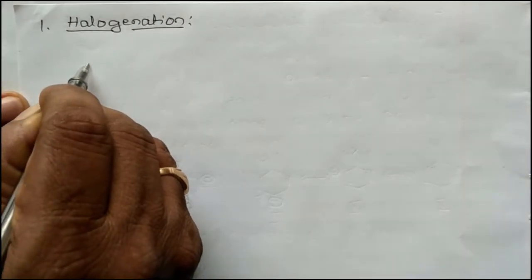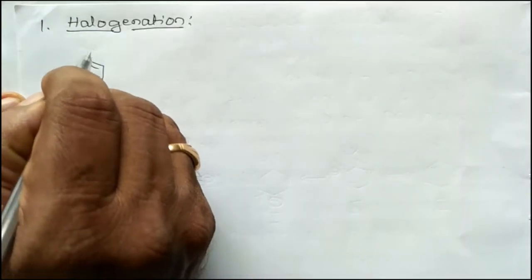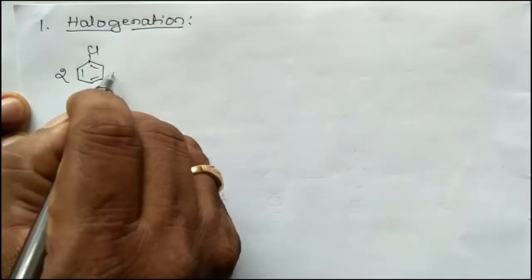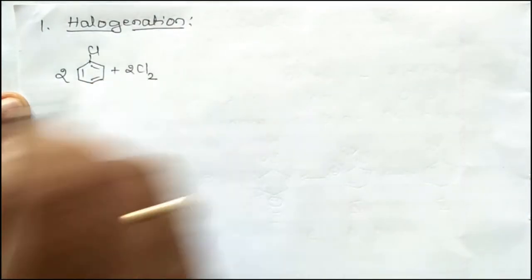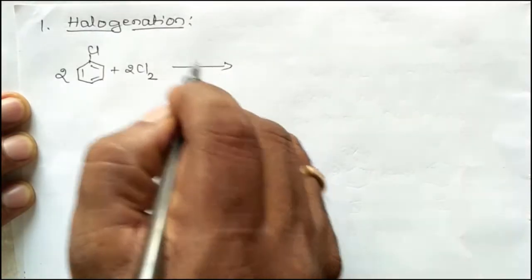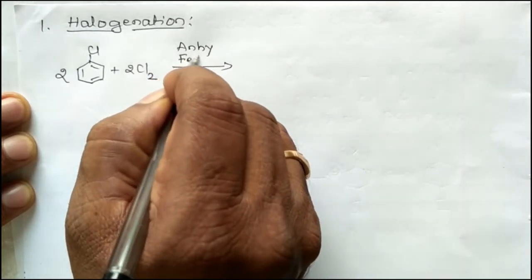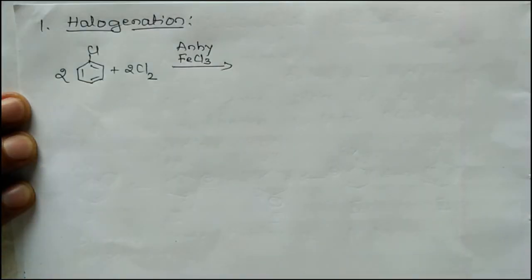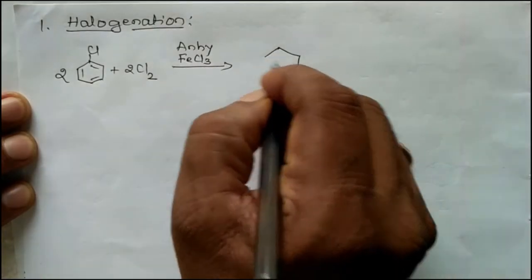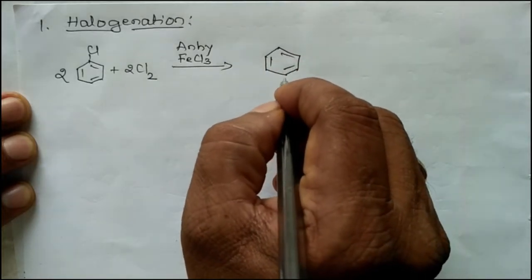When chlorobenzene is made to react with chlorine in the presence of anhydrous FeCl3 or even AlCl3, you are going to get a mixture of ortho and para dichlorobenzene. This is the major product.